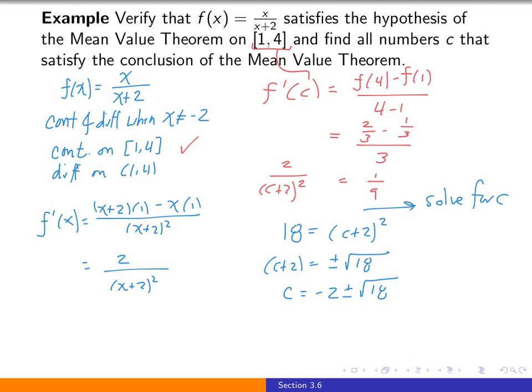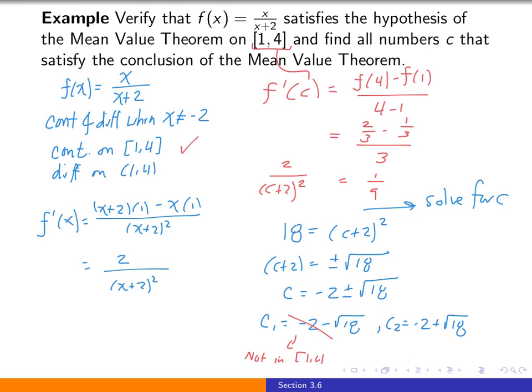And of these two possible values, we know at least one of them is guaranteed to be in our interval, but let's see what they would be. So we have C1 maybe corresponding to the minus, and then we have C2 corresponding to the positive. Well, C1 is a negative number, so I'm going to cross that off and say not in the interval.